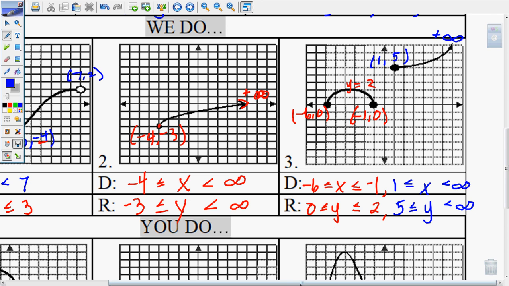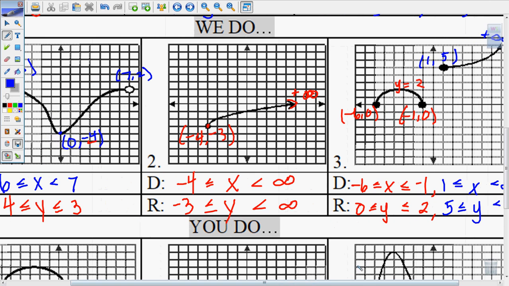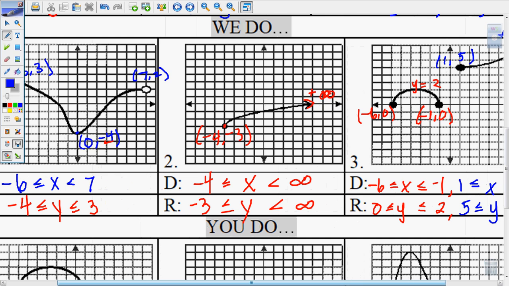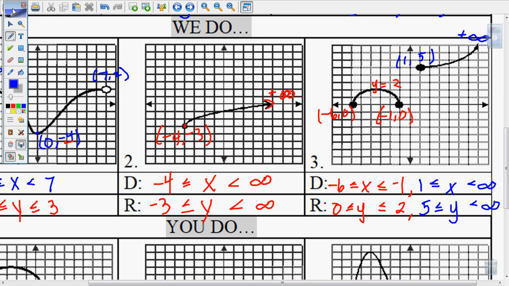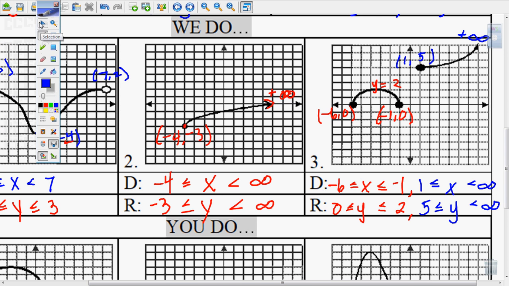Alright, before I release you to the wolves, aka yourselves, I want to reiterate something. Do you guys see how we write infinity? That is just to ensure that you understand which direction you're going, but you actually do not have to write infinities. So right here, if I wanted to leave it just x is greater or equal to -4, I could leave it like that.